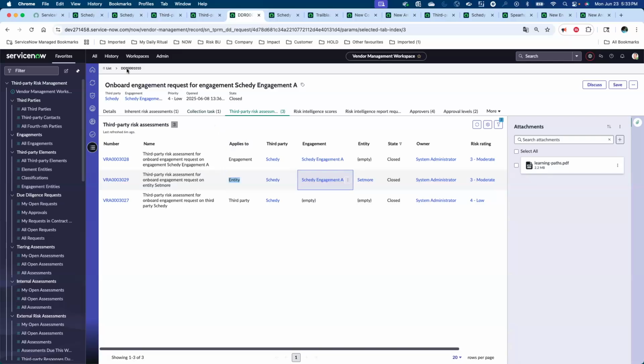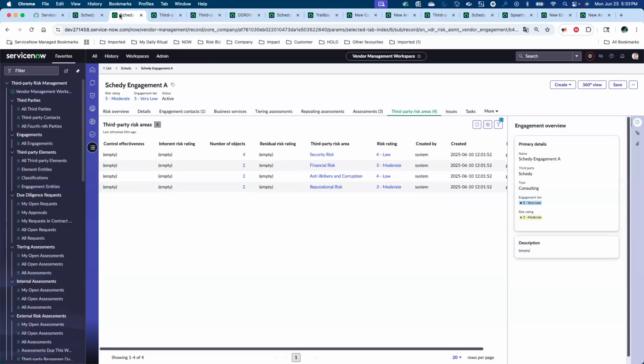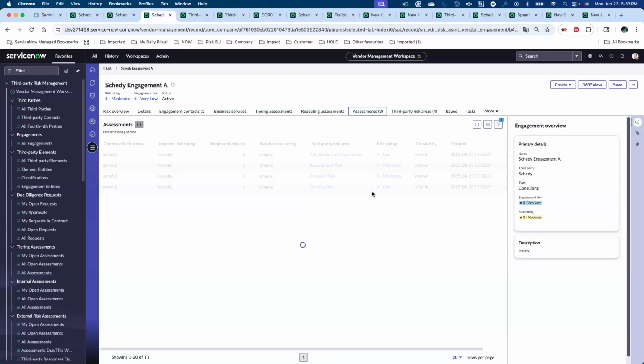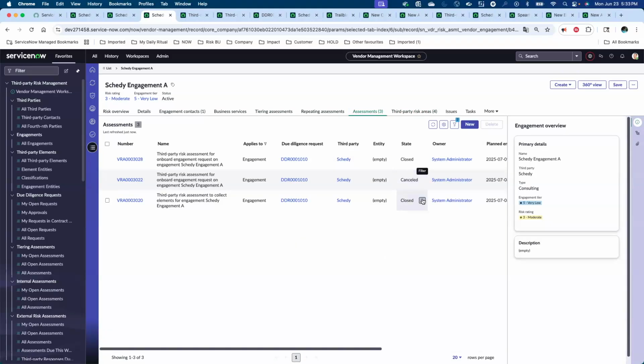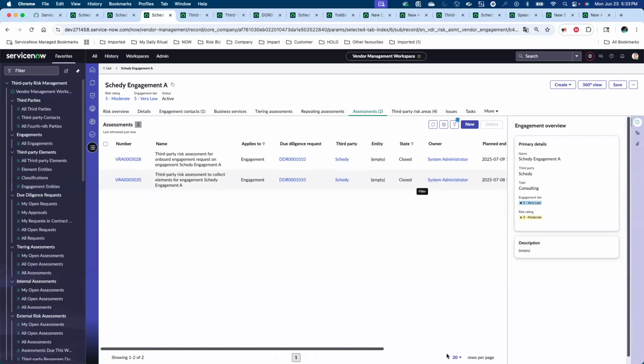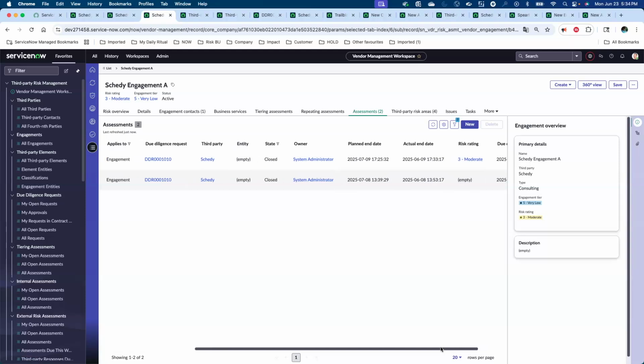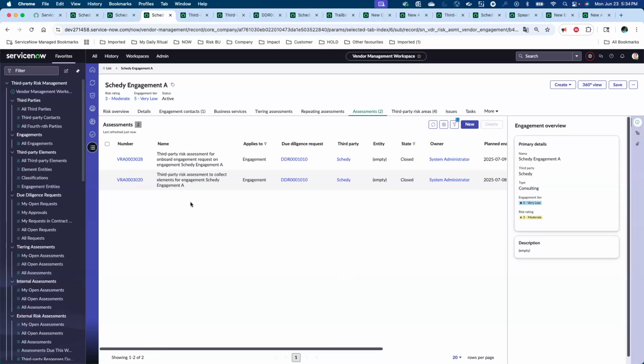What I mean is, if I were navigating to the engagement itself, and let's say I make a copy of this, and I am within the engagement. If I look at the assessment and at the ones that are closed, this is the engagement assessment. It has the rating. This is not the engagement, and this is not the entity assessment. It is basically an assessment for collecting the entities themselves.